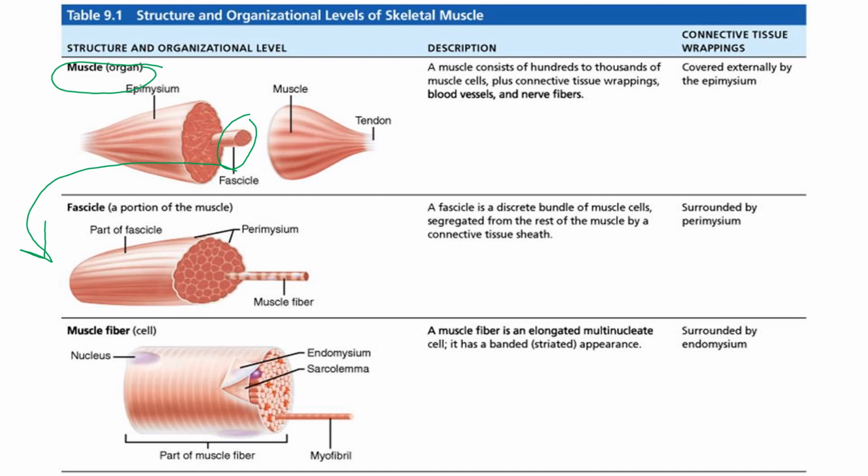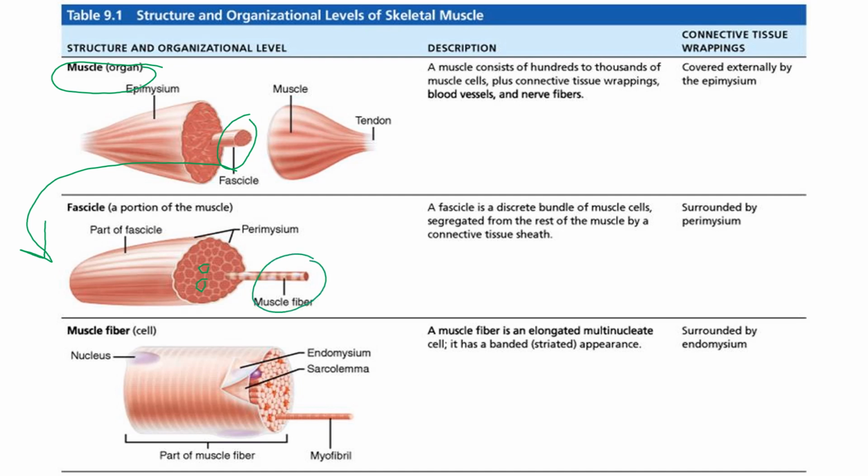A fascicle is going to be a bundle of muscle cells. You have little individual muscle fibers, and you're going to see that we have multiple different muscle fibers within that fascicle. And that's all going to be surrounded by perimysium.